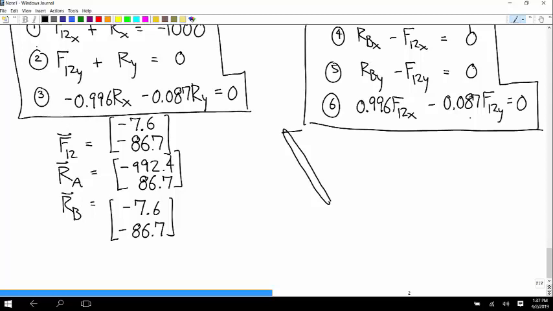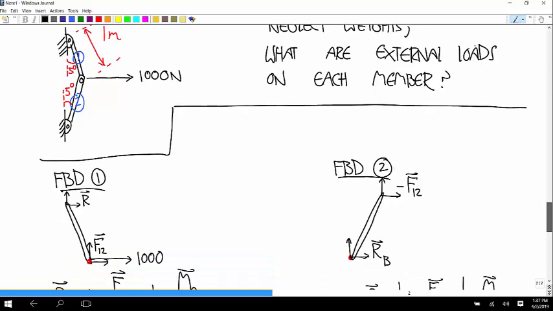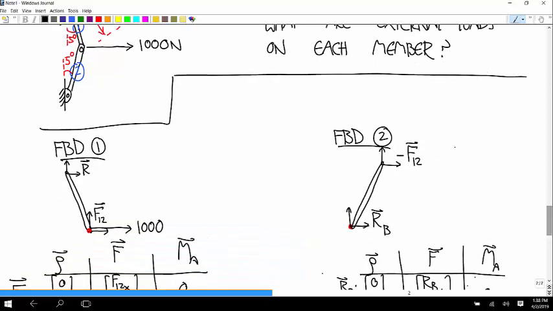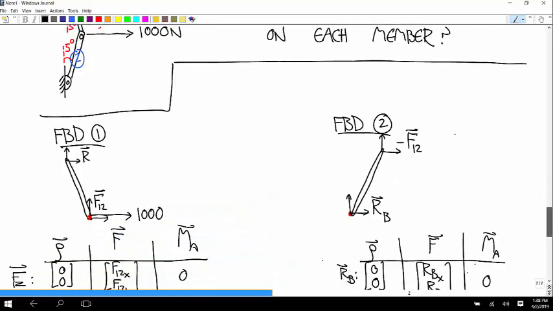Up at the top, we have this force negative 992.4, 86.7. That can't be right. Let's see.